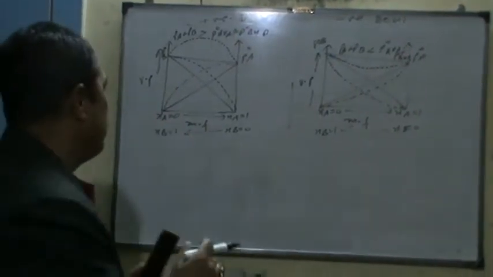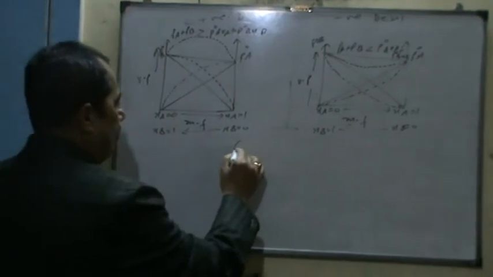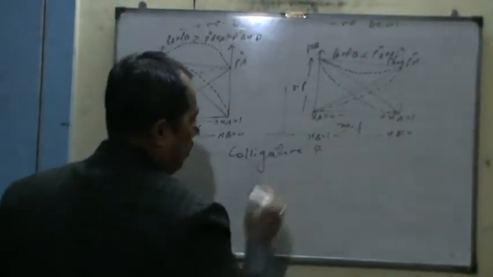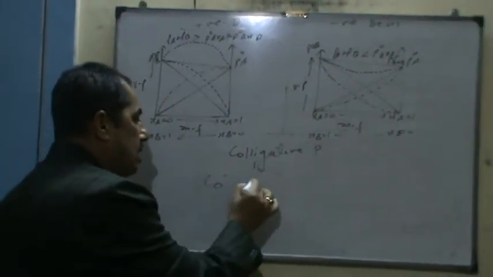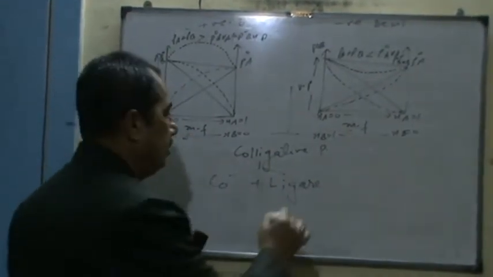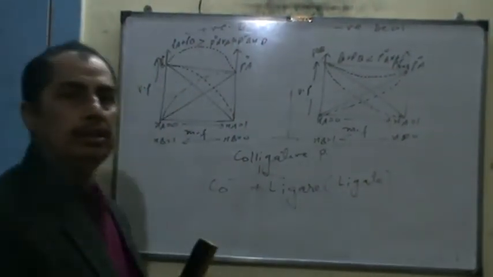Now the next very important aspect of this chapter is colligative property. It is made of two words, co plus ligare. It is a Greek or Latin word that means to bind, a binding force.